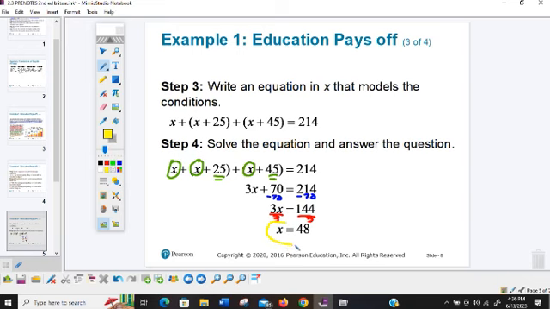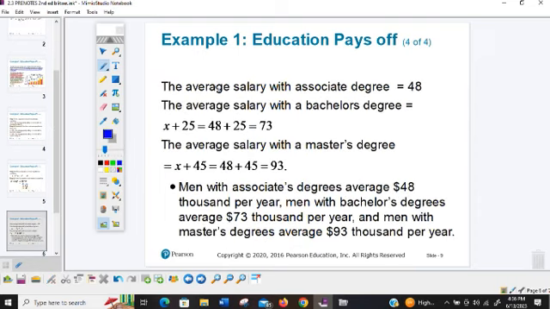Now we're not quite done yet, but we do have X. Now let's recall what X was. X was the salary of someone with an associate's degree. Okay, so we have that, 48,000. Now for the bachelor's degree, remember that the bachelor's degree was the associate's plus 25. Okay, so X plus 25, 48 plus 25 is 73.